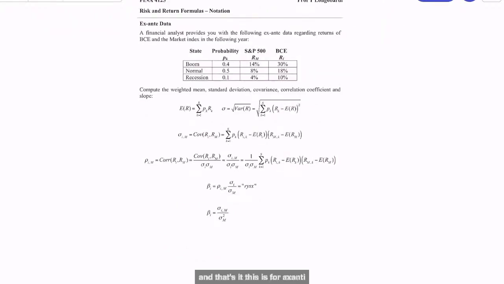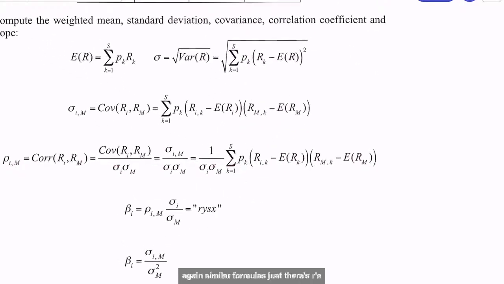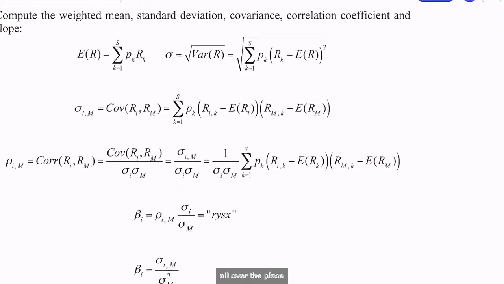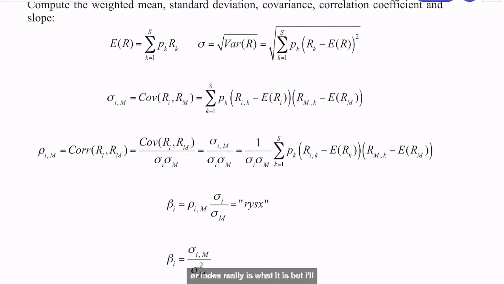And that's it. This is for ex ante. Again, similar formulas, just there's R's all over the place. R for return, because we're going to work with financial data and returns to the market. That's the M here. And the returns to the stock, individual, I for individual stock. Or index really is what it is, but I'll call it individual.